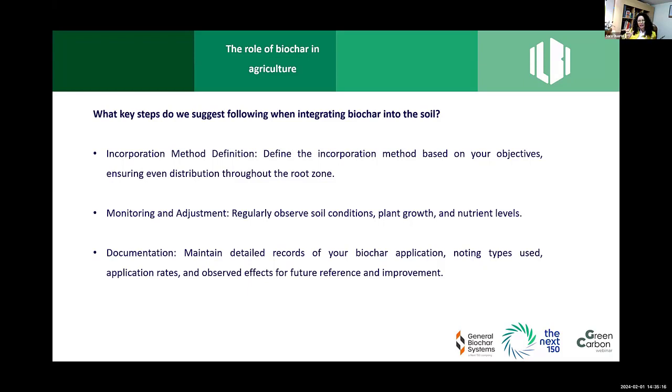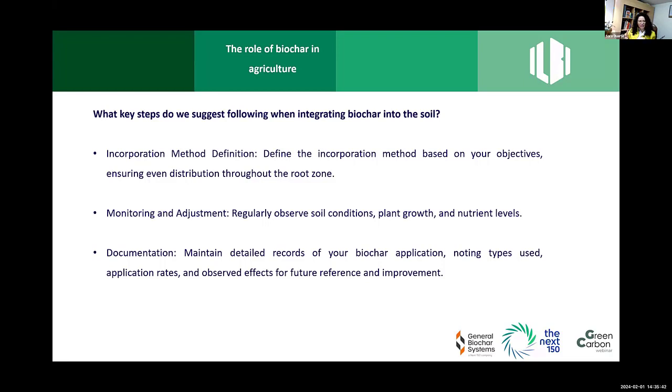It's really important to also monitor and make adjustments. Of course, biochar is not a package. It's only today that we are learning even more about the effects of biochar in the soil, in agriculture. And of course, if you do monitoring, we will understand and you can also make some adjustments in the future.